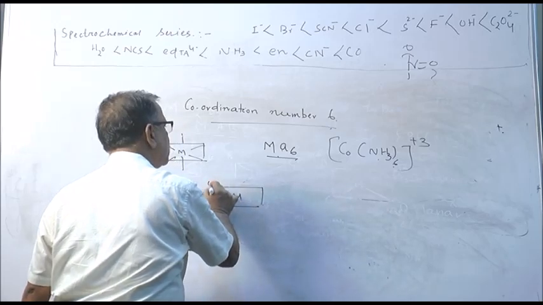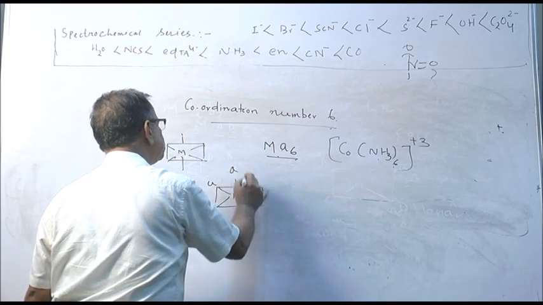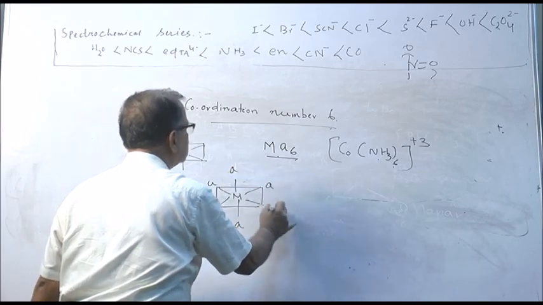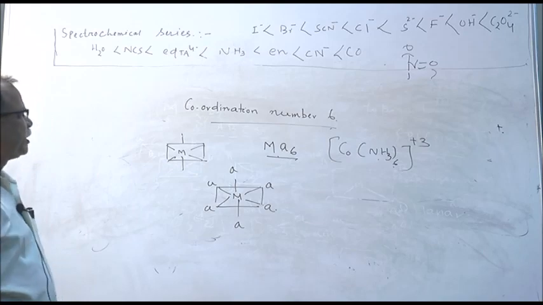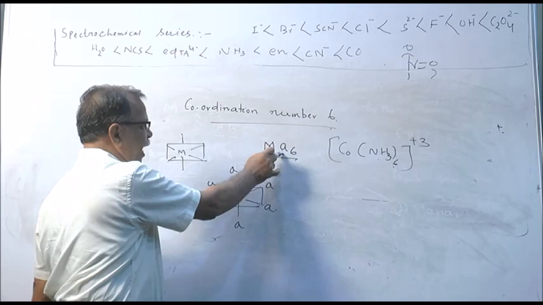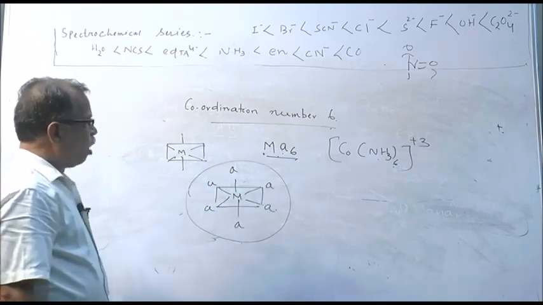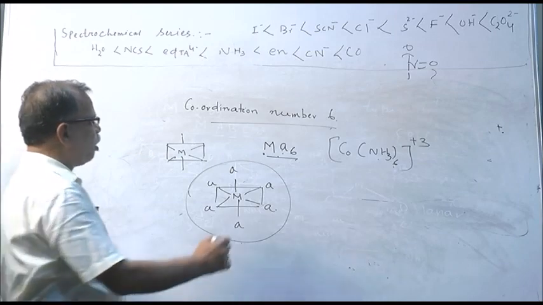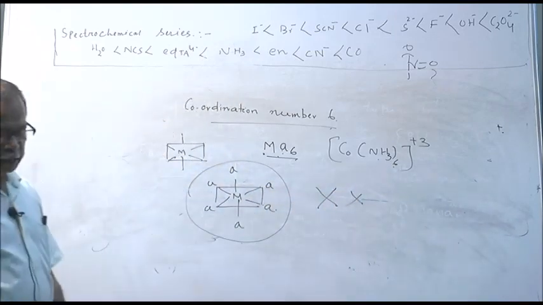M, A, no other structure. Therefore, in the type MA6, where M is the central metal or metal atom or ion, A is the ligand, we will get only one form, one structure. So therefore, it does not give geometrical isomer.